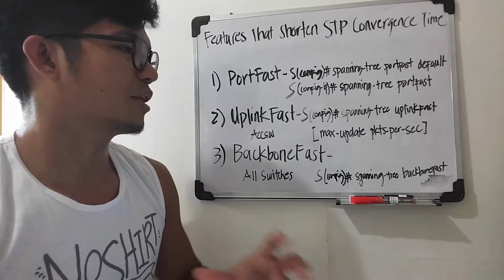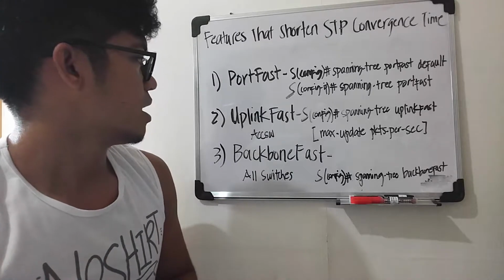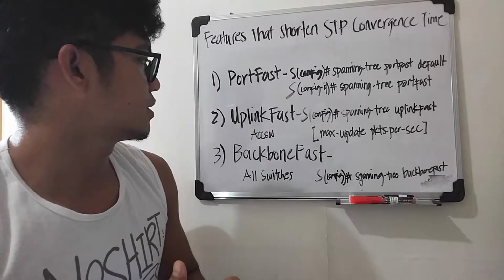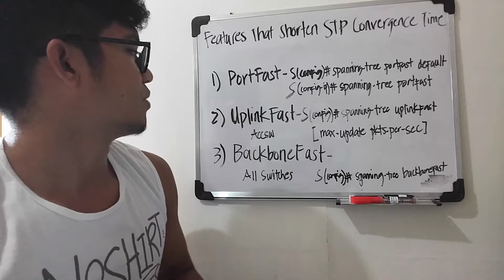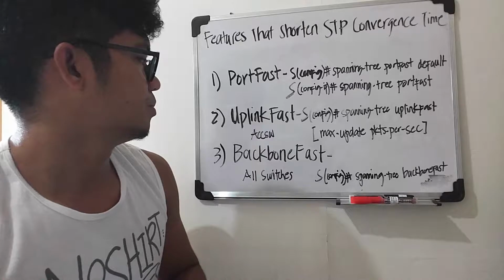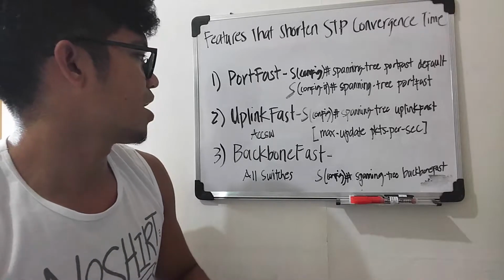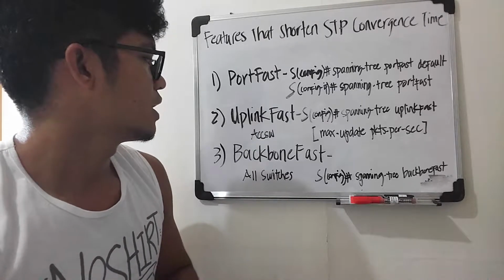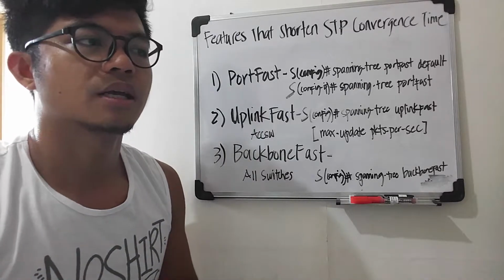So I don't think that you really need to know these two things very deeply, but I just want to talk about them because they are still being used if you are running the traditional STP.